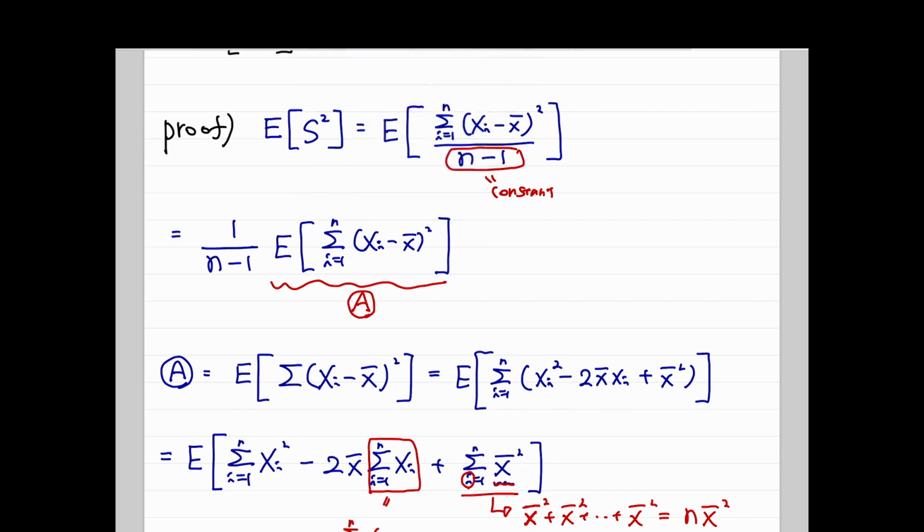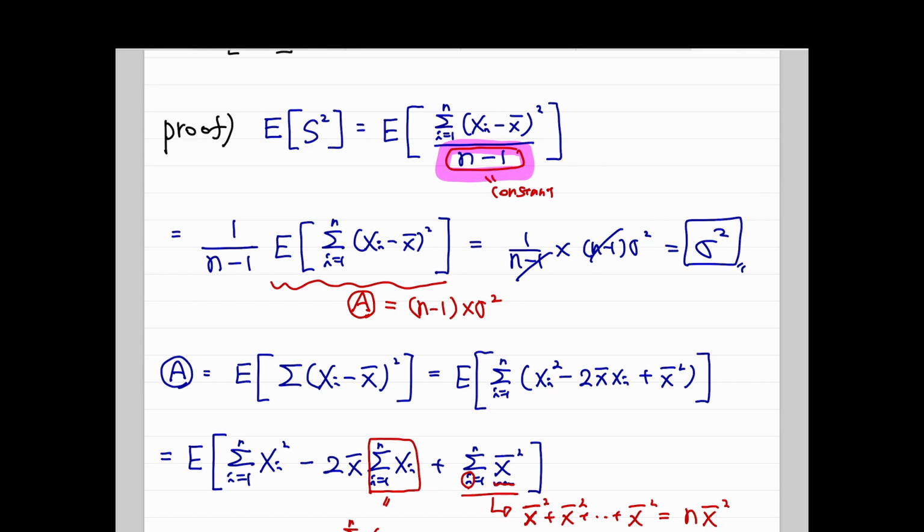Therefore, large A equals n minus 1 multiply sigma square. Dividing by n minus 1, it cancels out and equals sigma square. So the reason for dividing by n minus 1 when obtaining a sample variance is that it satisfies the unbiased estimator property.